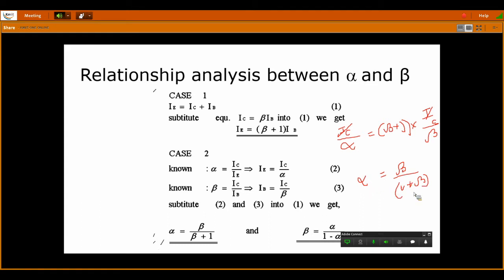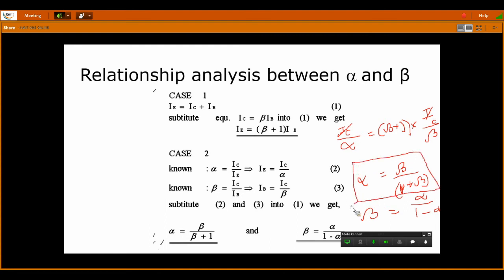Alpha is equal to beta divided by 1 plus beta. Now if I want the relation between beta and alpha, beta is equal to alpha divided by 1 minus alpha. So I have the relation between alpha and beta.